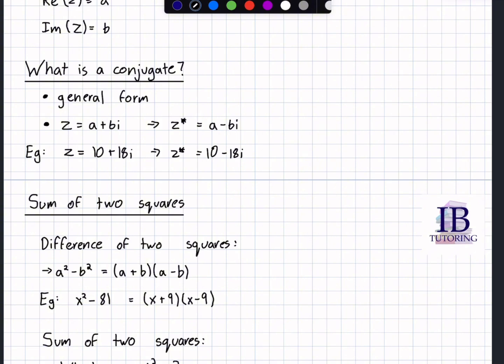And simply, all that a conjugate really is, is the reversal of the sign of the imaginary part of the complex number. So, if the complex number is a plus bi, it will turn into a minus bi. Or, in our example, if the complex number is 10 plus 18i, it will turn to 10 minus 18i.